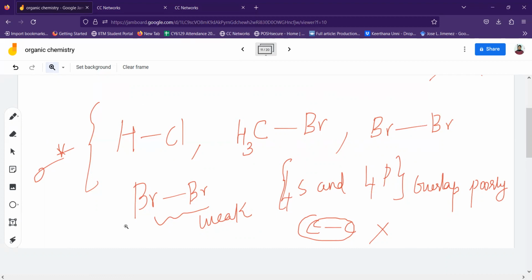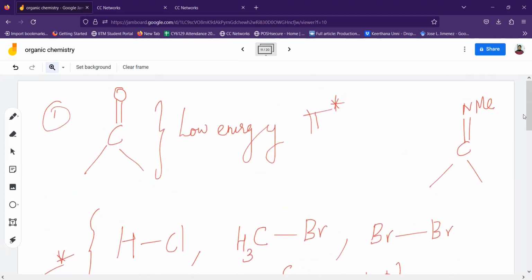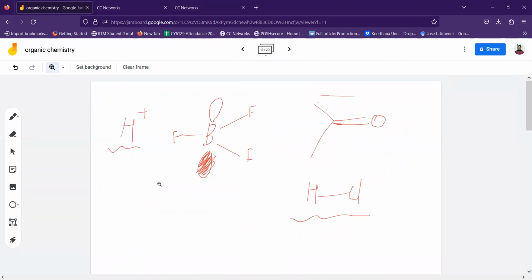And the C-Br bond is also very weak, because here the overlapping is with 4s and 4p orbitals and the overlapping is very poor. When comparing with C-C, it is not at all electrophilic. Just keep this in mind. So these are the examples for electrophiles: H plus, BF3, C double bond O, HCl.